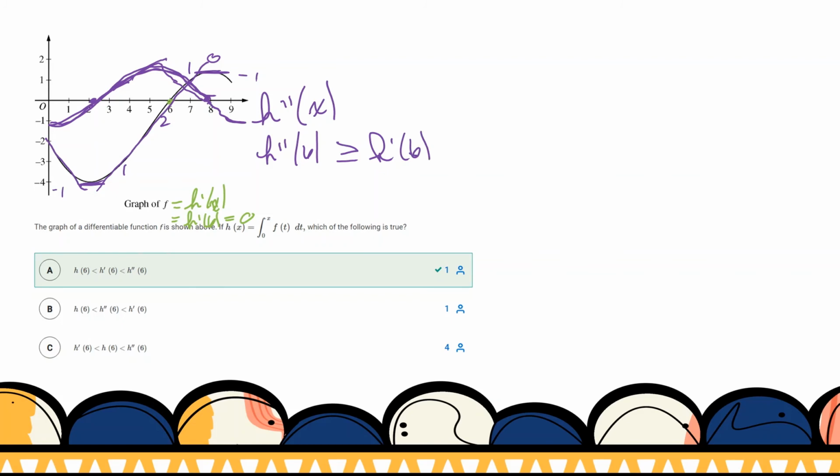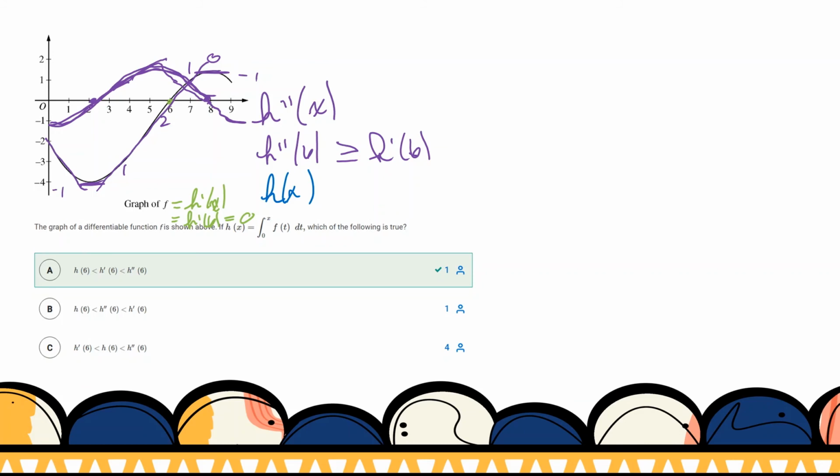Okay, now let's do the opposite. Let's try to graph the function from the derivative. I'll change colors, although I already marked all over this one, but that's okay. So now we want to know, what does h of x look like? So h of x is going to be blue.